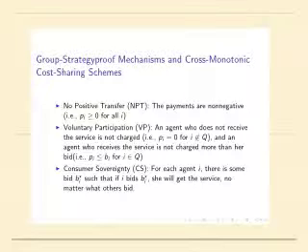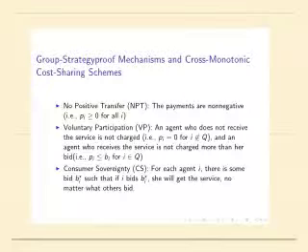Assume C is a cross-monotonic cost-sharing scheme for the cost-sharing game (A, C), and b_i is in R plus union the singleton set 0, which means a non-negative rational number for every i in A. Then there is a unique maximal set S, which is a subset of A, satisfying the property that for every i in S, b_i is greater than or equal to C of (i, S). The mechanism M of C returns this set.